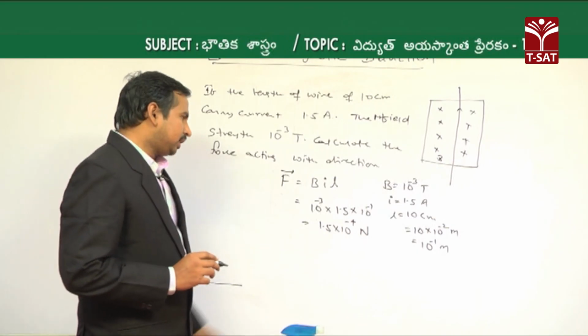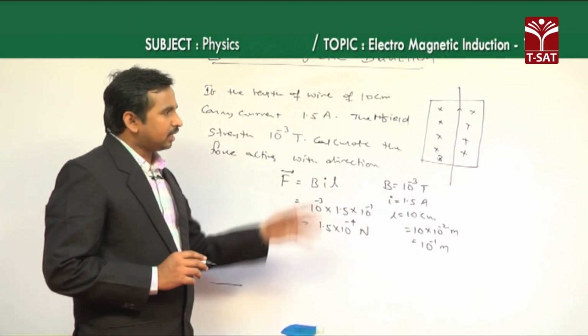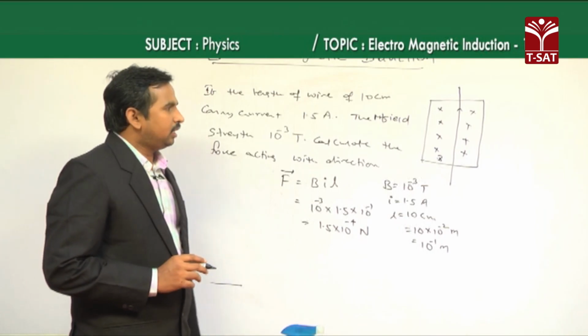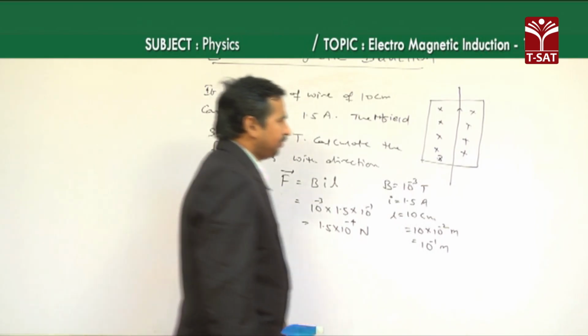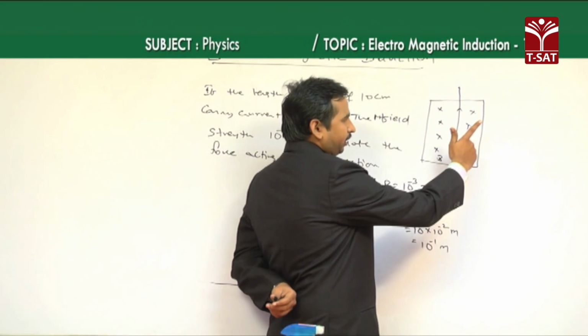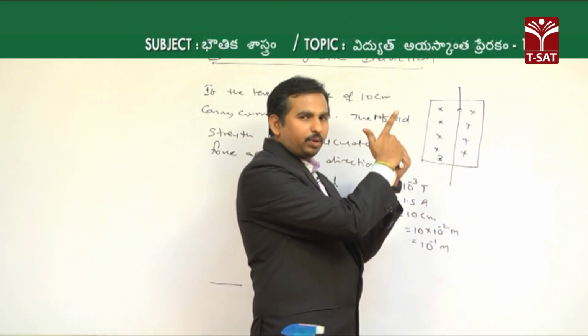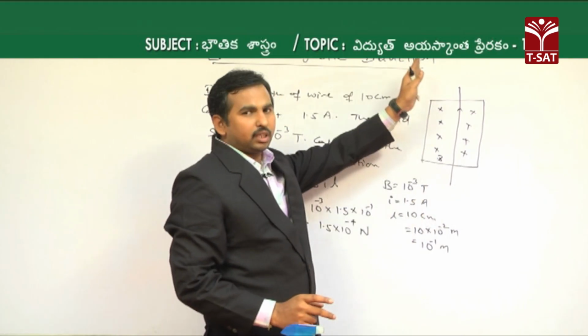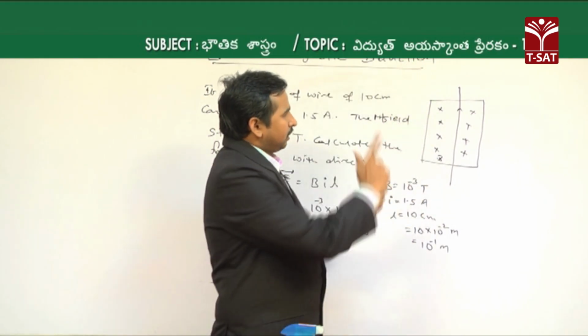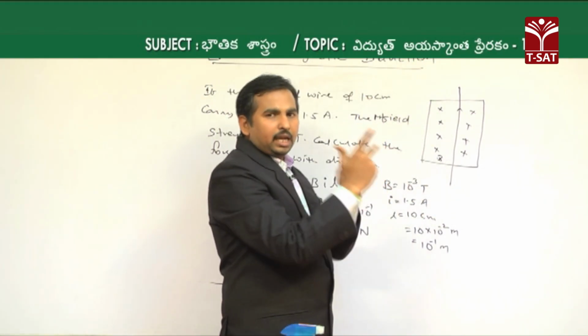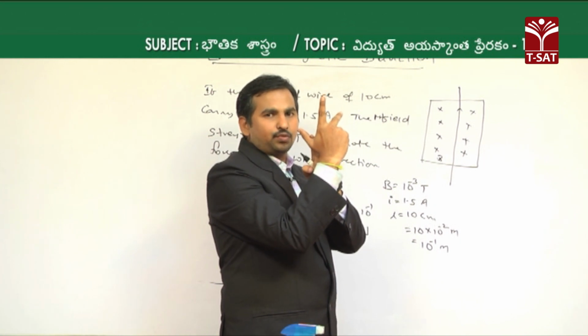As I said earlier, as the magnetic field is acting into the plane, the middle finger we have to take into the plane, and as the current in the wire is going upwards, we take the forefinger upwards, and the thumb represents the direction of the force acting.